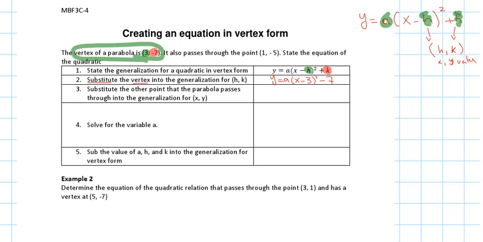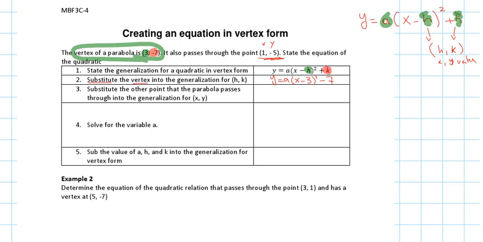Okay? So the second point is basically a point on the graph that represents x and y, yes? So what I can do is replace the x and the y with the values of the point, and then the only thing that I have left is a, so I can solve for it by doing isolation and reverse BADMAS.